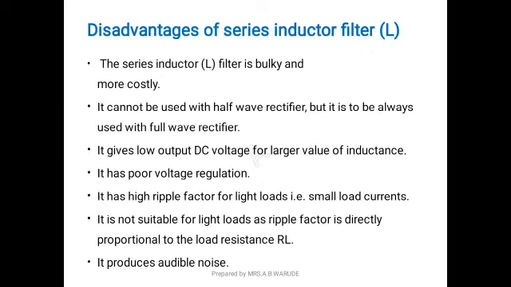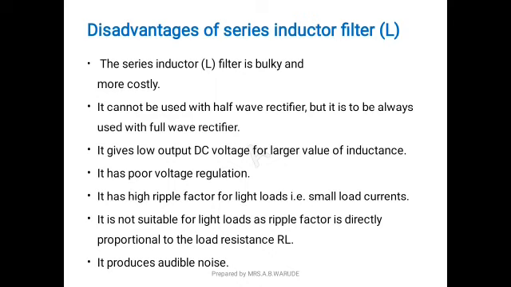Then the disadvantages of the series inductor filter. The series inductor filter is bulky and more costly. It cannot be used with a half wave rectifier, but is always used with a full wave rectifier. Third, it gives low output DC voltage for large values of inductance.